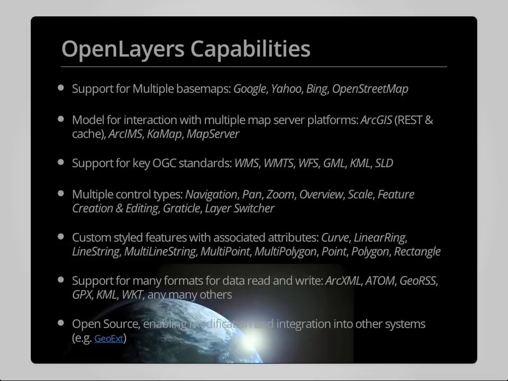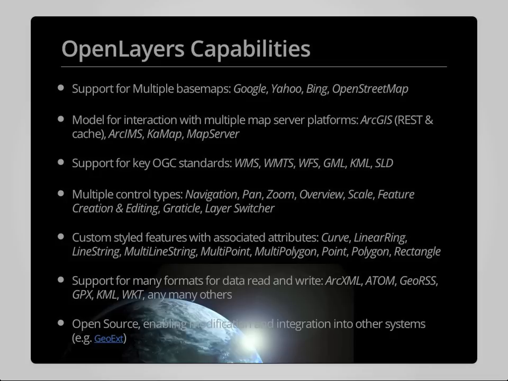And then more simple point, polygon, and rectangle geometry objects. These are all geometry objects that can be created completely within the client and used as the basis for a number of other capabilities within the OpenLayers system.